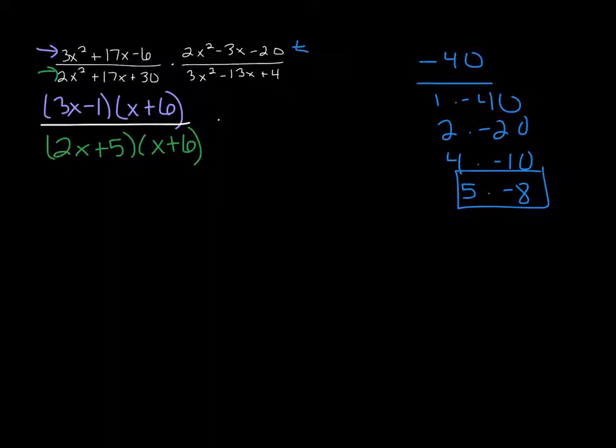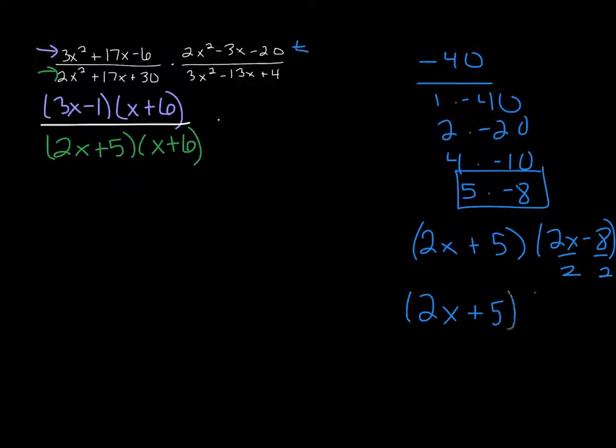And don't forget the 2 in front of x. So 2x plus 5 and 2x minus 8, but these can be divided by 2. So we have 2x plus 5 and x minus 4.